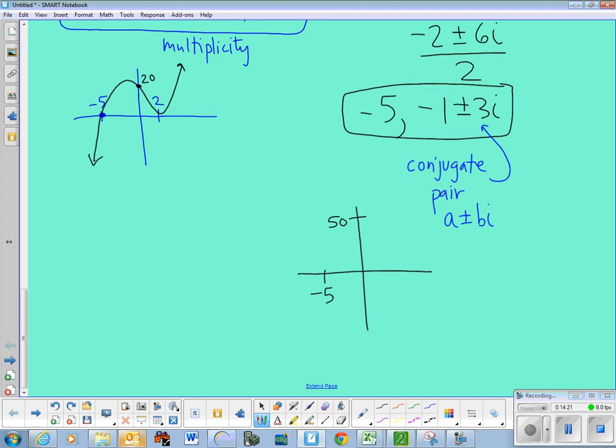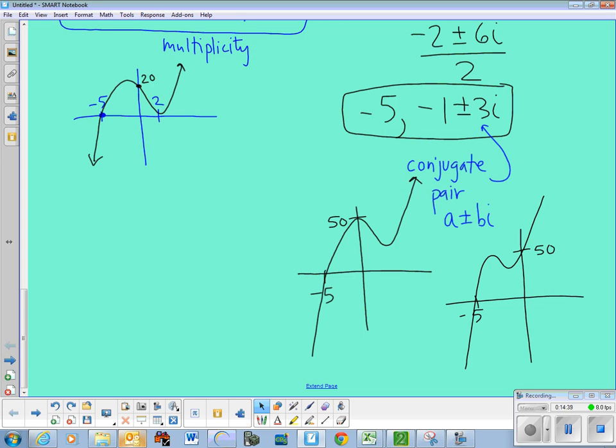It has to go down left. It's going to come up through -5, and it is going to not touch the axis again. I guess technically it could have gone like that as well. I'm not sure, but what I do know is that its only real zero is -5. The other two zeros are imaginary.